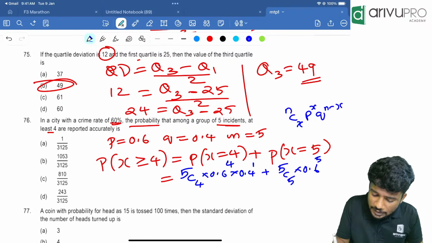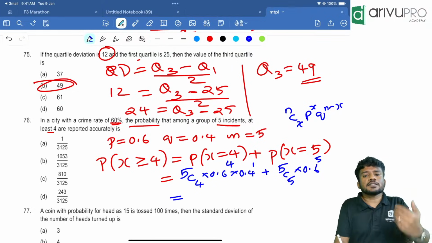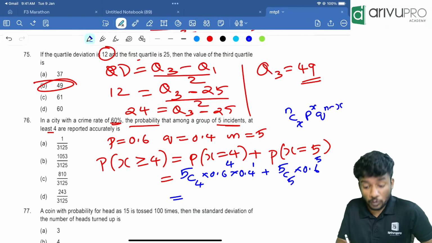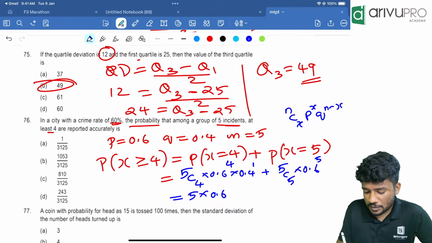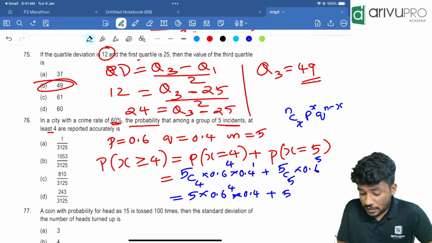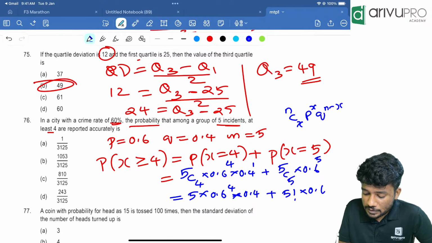So I can ignore that term. Now take your calculator and start doing it. 5C4 you can also write as 5C1. That is nothing but 5 into 0.6 raised to 4 into 0.4 plus 5C5, which is 1, into 0.6 raised to 5.